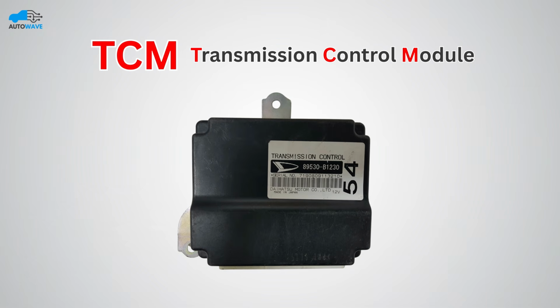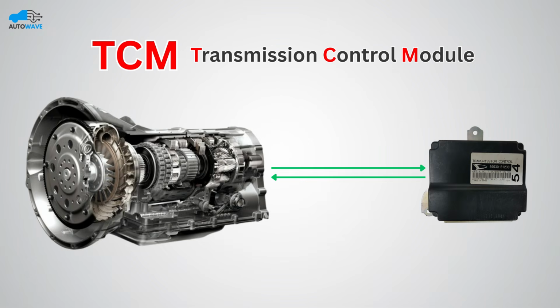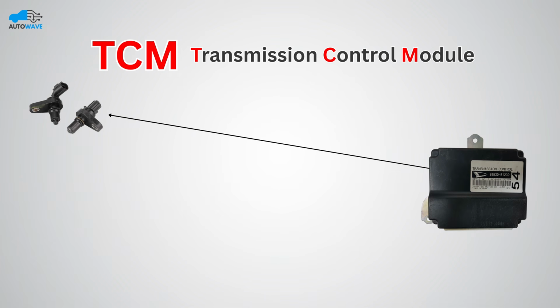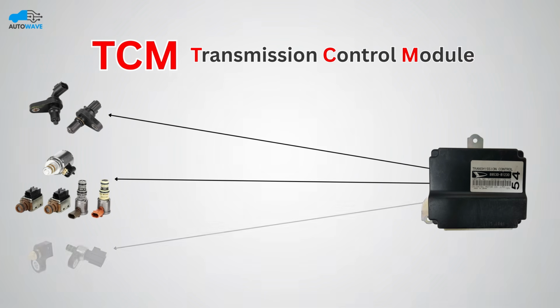TCM full form is Transmission Control Module. TCM is responsible for all parts of the automatic transmission. All sensors and actuators on the automatic transmission, like input and output shaft speed sensors, solenoids, oil pressure and oil temperature sensors, and others, are controlled through TCM.